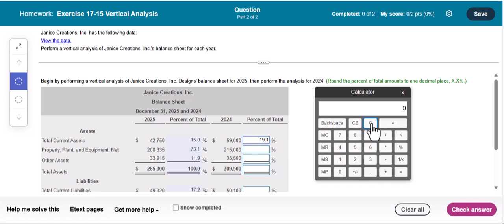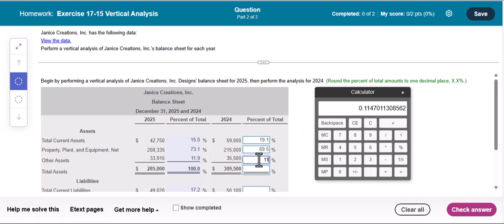We have 215,000 divided by 309,500 total assets, and that gives us 69.5%, because again we will be rounding this 0.46 up. Then we have the next one, other assets, 35,500 divided by the total asset amount for that year, and that is 11.5%.